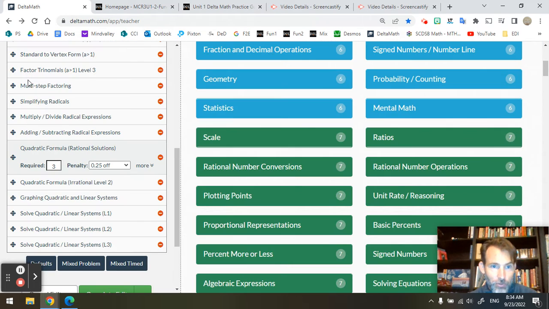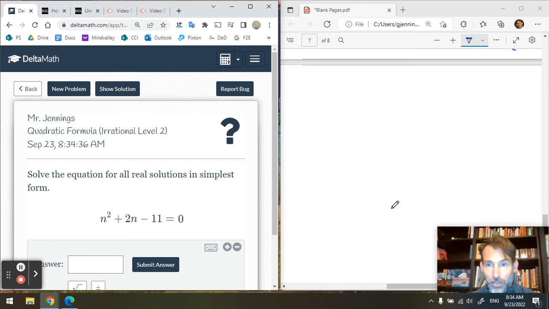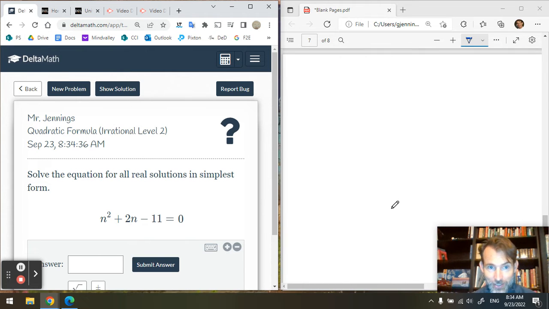That's pretty straightforward. But it's these ones that are a little bit more interesting because they're not going to give you nice perfect squares inside the discriminant, inside that square root sign. You're gonna need to apply your new radical skills to these ones.